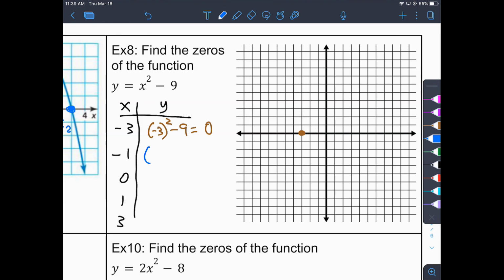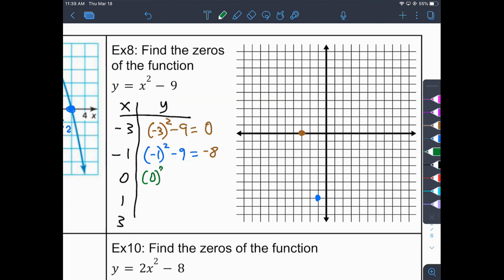Next one, I'm going to plug in -1 and square it, then -9. Well, -1 squared is just 1, and 1 minus 9 is -8. So I'm going to go to the -1 position, and I go down to -8, and it's right there. Now a 0.